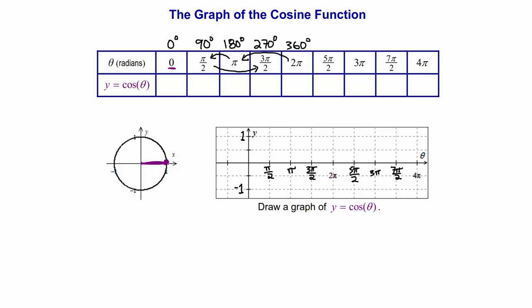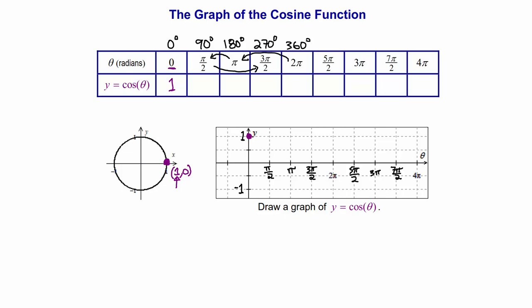So we specify this point on the right pole, or the east pole, and the coordinates of that point are 1, 0. Cosine value is the x-coordinate of the point specified by this angle, so the cosine of 0 is 1. So on our graph, we can plot the point 0, 1.